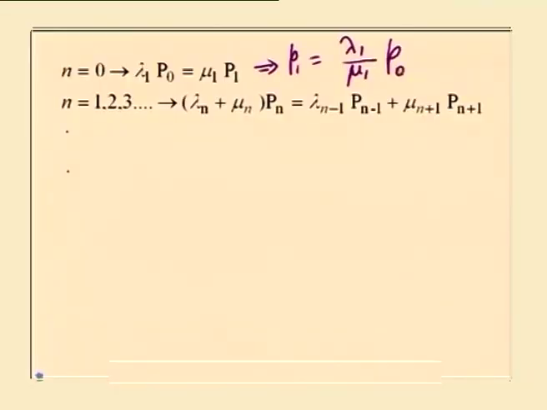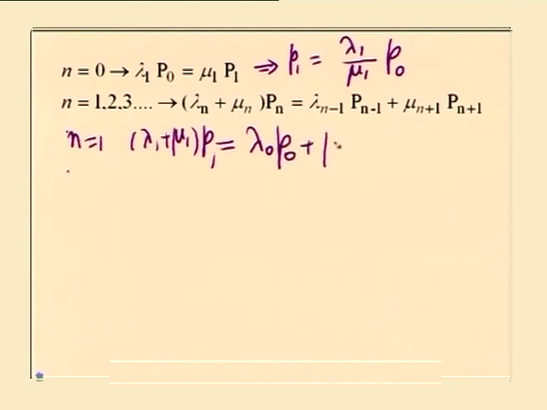So, we will now consider the second equation, put n equal to 1. Then we have (lambda 1 plus mu 1) into p 1 equal to lambda naught p naught plus mu 2 into p 2.